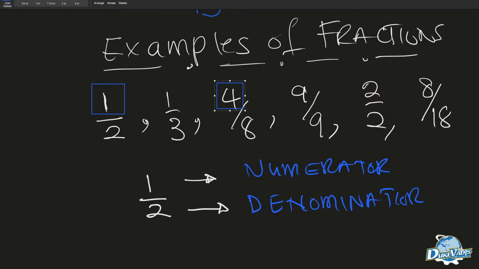Our 9 over here is also a numerator, and our 1 over here is also a numerator. And 2 is also a numerator. 8 will also be a numerator. So as we realize, we are able to distinguish between the numerator and the denominator.